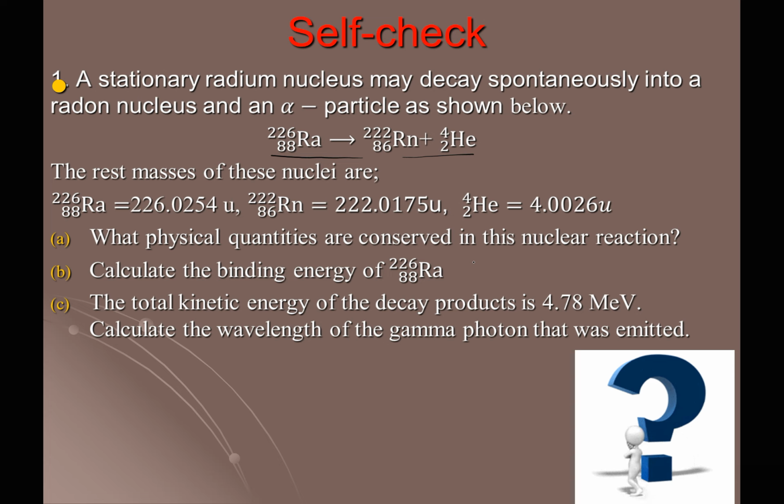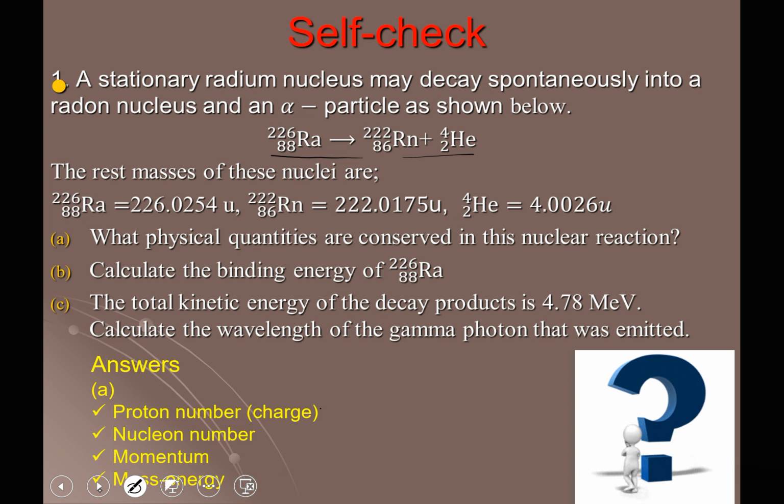So we say mass energy is conserved. So the quantities which are conserved: proton number, nucleon number, momentum, and mass energy.